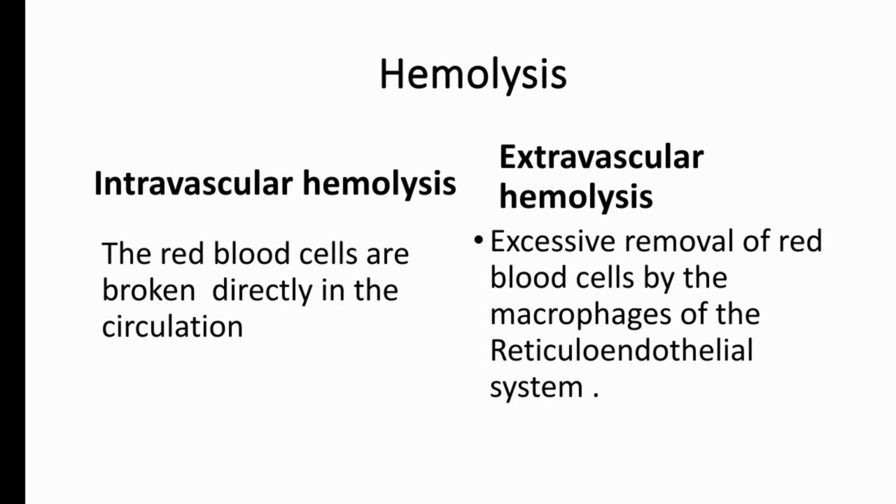So this type of hemolysis is inside the vessels, whereas in extravascular hemolysis, extra means outside, so this type of hemolysis is outside the vessels. Intravascular hemolysis means hemolysis taking place inside the vessels, and extravascular hemolysis means hemolysis taking place outside the vessels. Alright, the blood vessels we are talking about.